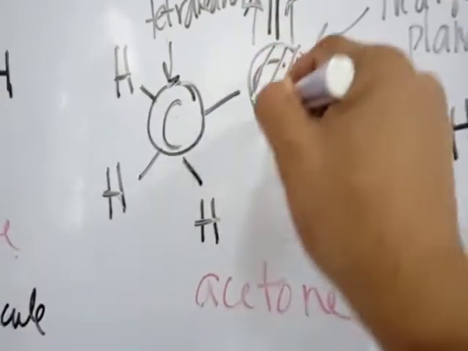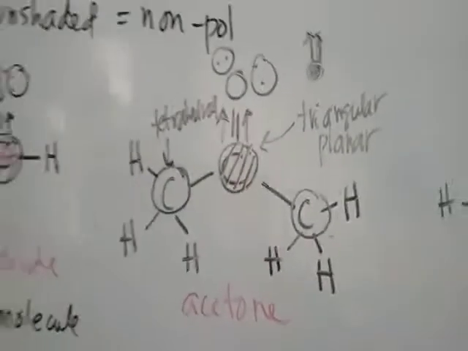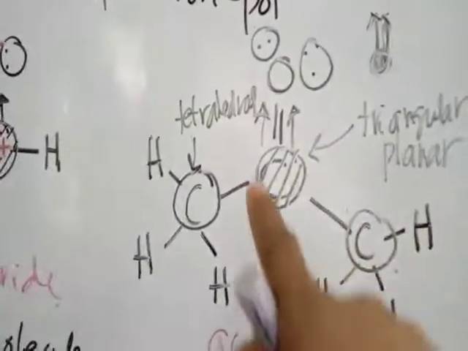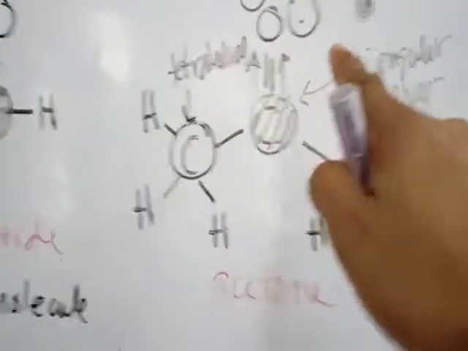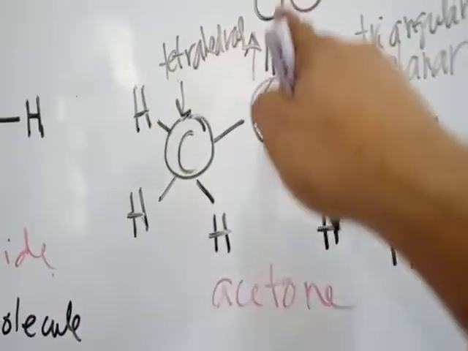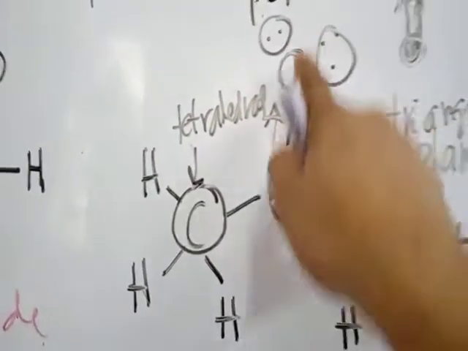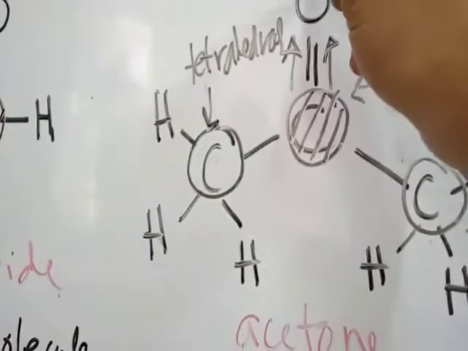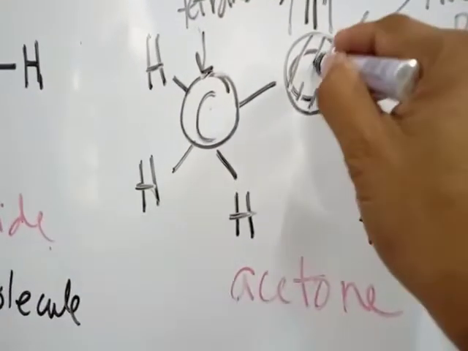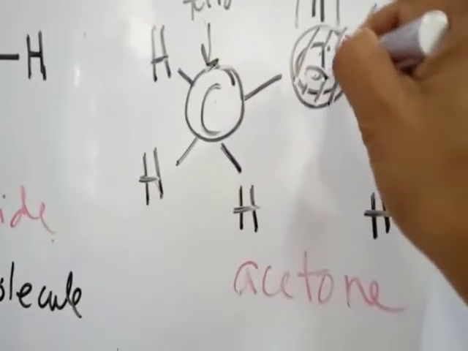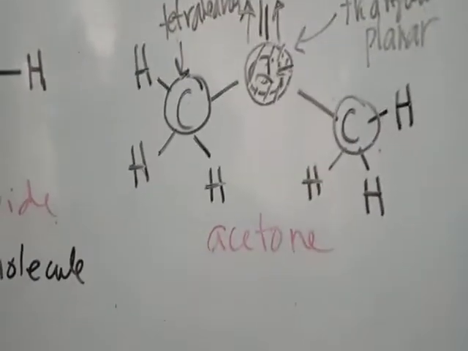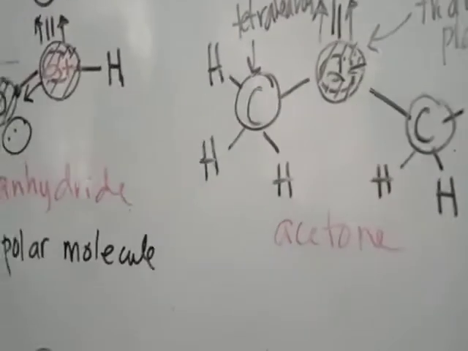Let's shade this. And then after that, let's label the partial positive and the partial negative. So the electron clouds are going in that direction, so this must be partial negative, and here we have partial positive.